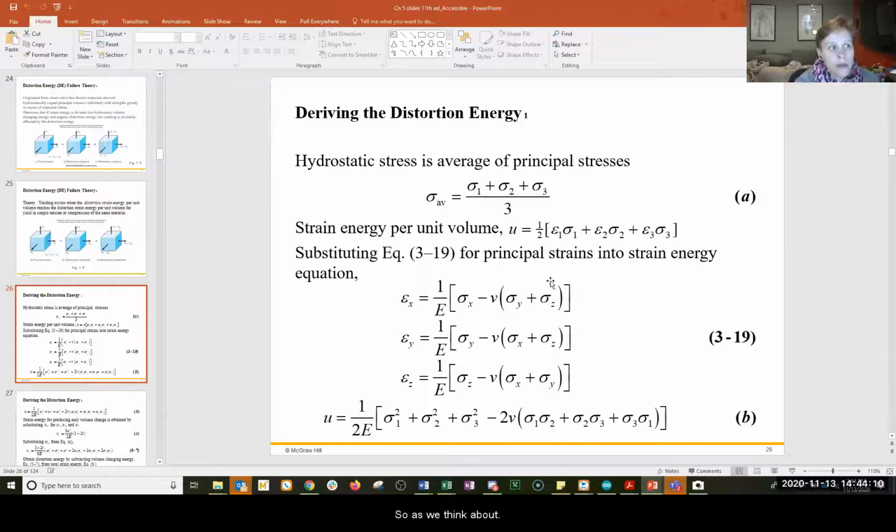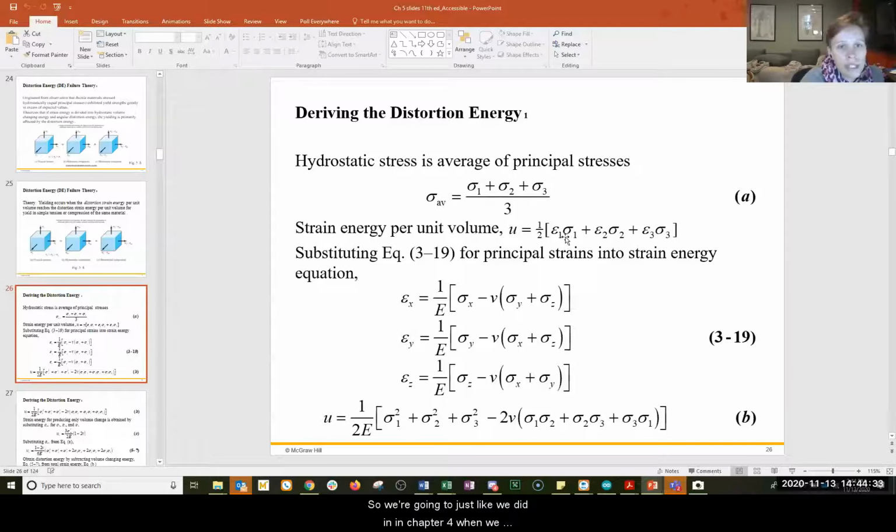So as we think about principal planes 1, 2, and 3 that are all perpendicular to each other, right? Essentially, we have X, Y, and Z, and then a principal plane, X, Y, Z.